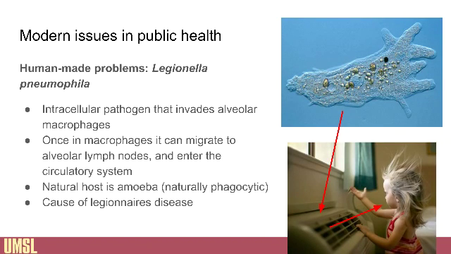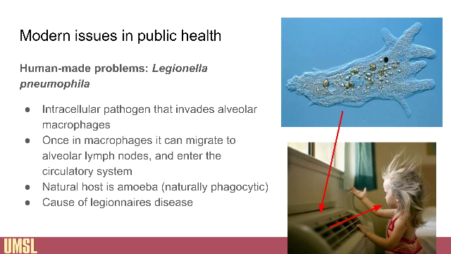One of the classic stories, and I'm not going to go into super detail because there's a group talking about it, is Legionella pneumophila. This pathogen invades alveolar macrophages, loves to live in air conditioners, and is the cause of Legionnaires' disease. When artificial air conditioning was introduced to wherever the French legionnaires were occupying places, it took hold in these old water-cooled air conditioners and essentially got people sick with a respiratory infection.